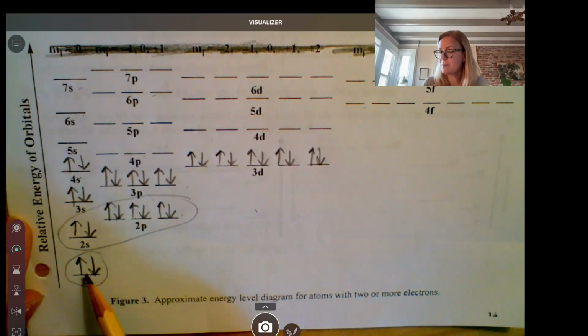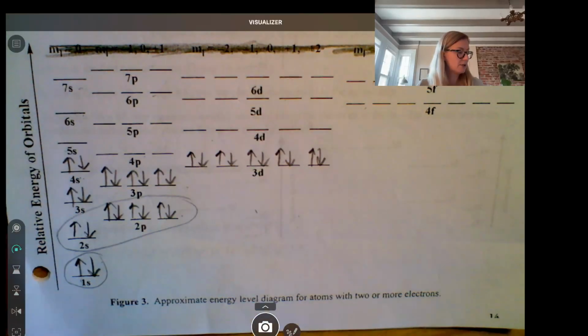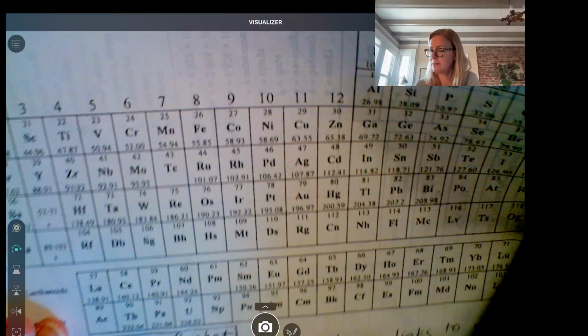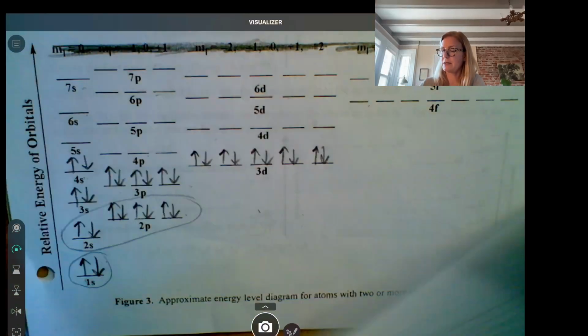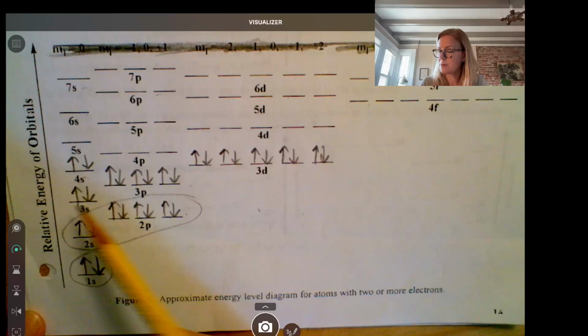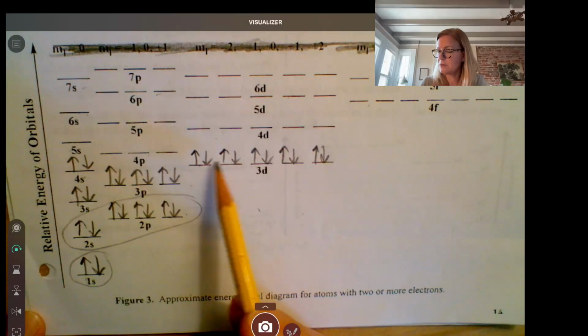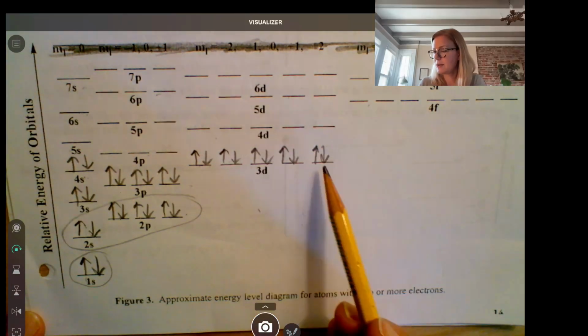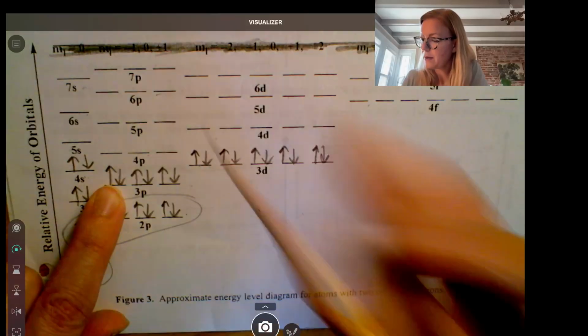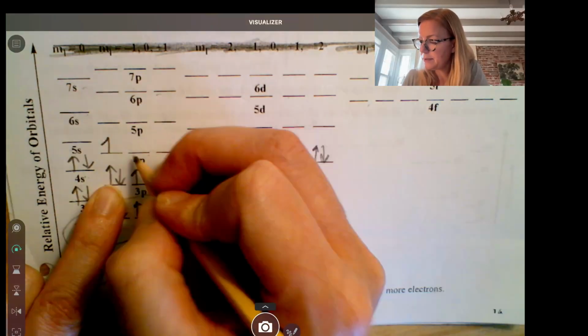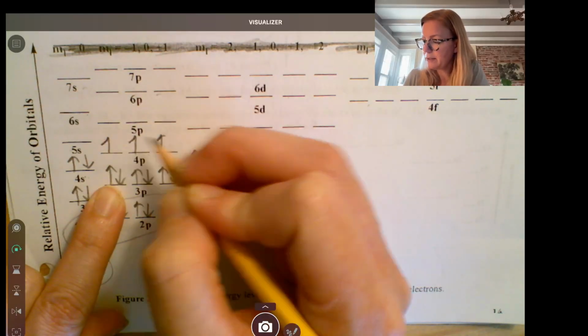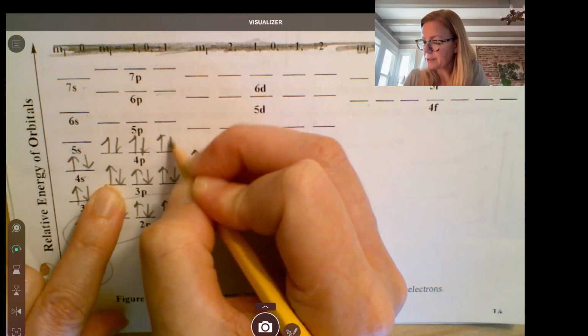So let's just stop and see where we're at here. We're doing zirconium, which has 40 electrons. So we got 2, 4, 6, 8, 10, 12, 14, 16, 18, 20, 22, 24, 26, 28, 30, okay? 31, 32, 33, 34, 35, 36.